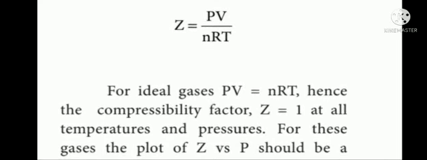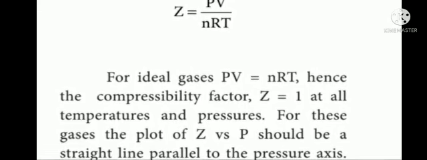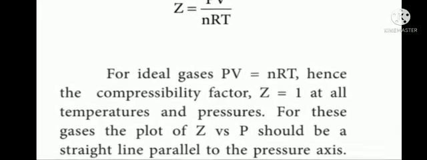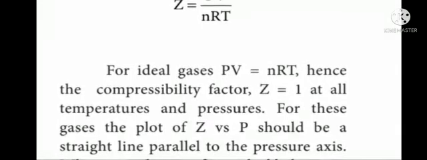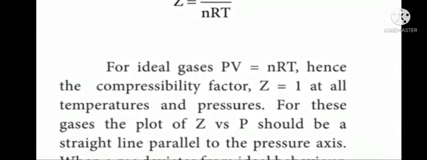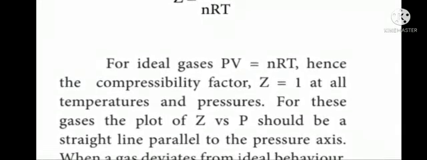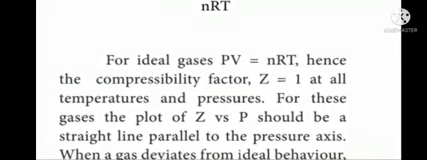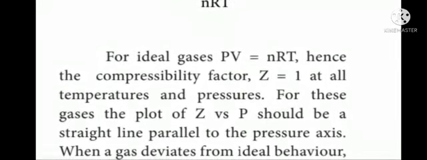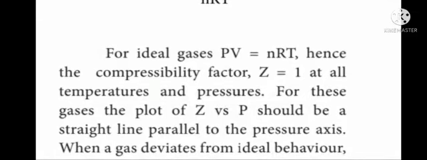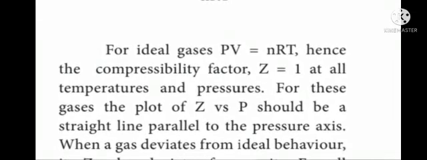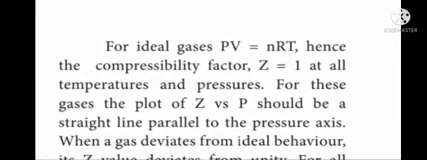For ideal gases, PV = nRT. Hence, the compressibility factor Z is equal to 1 at all temperatures and pressures. For these gases, the plot of Z versus P should be a straight line parallel to the pressure axis. Here, Z is the compressibility factor and P is pressure.